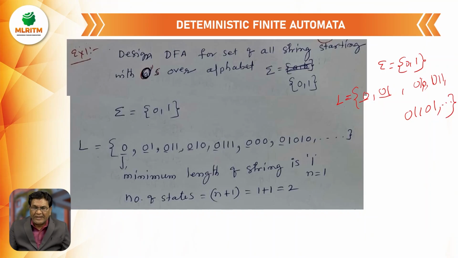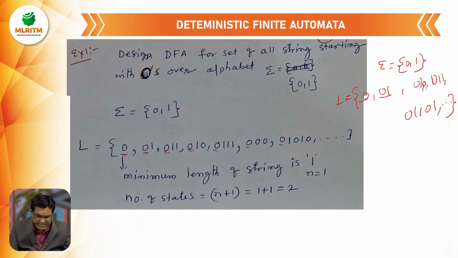So if you want to draw the transition diagram for that DFA, it is a language starting with 0, and later you can write any combination of zeros and ones. It depends on you. Now, in this language, the minimum length of a string is 1.